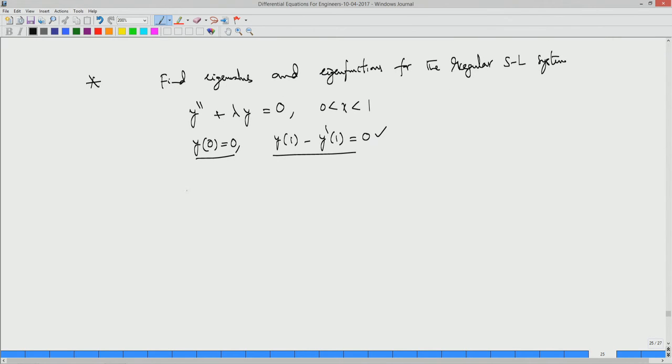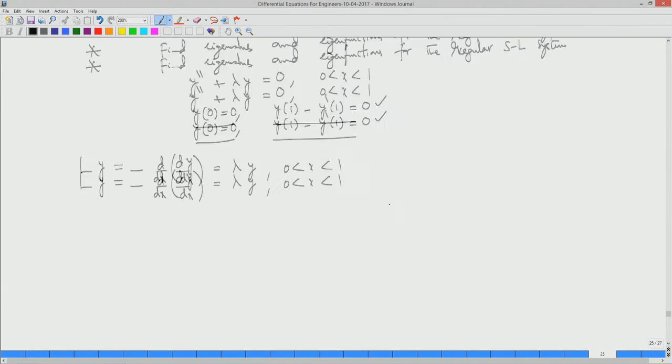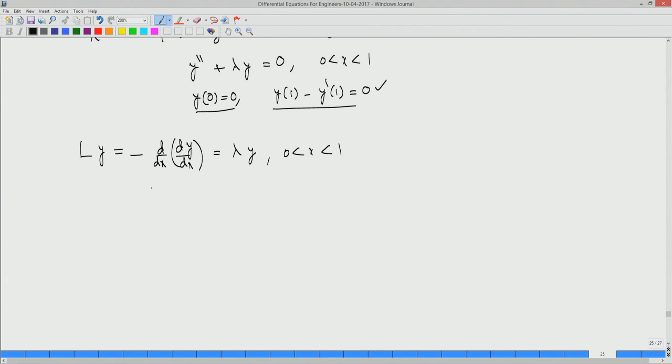So you write this as minus d/dx of dy/dx equal to lambda y; this is my Ly, with x between 0 and 1. It is already in self-adjoint form.